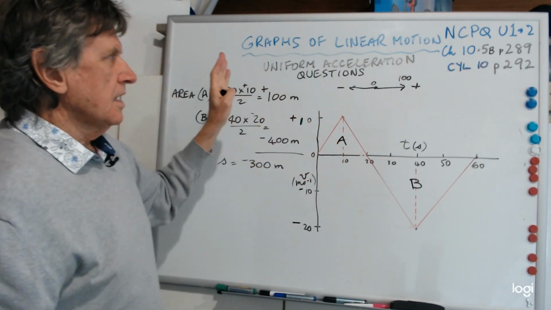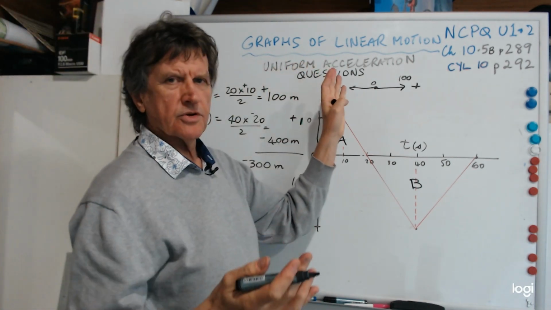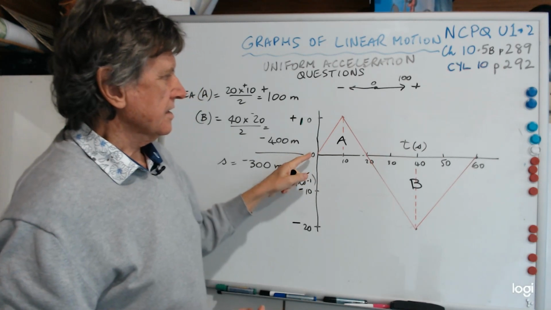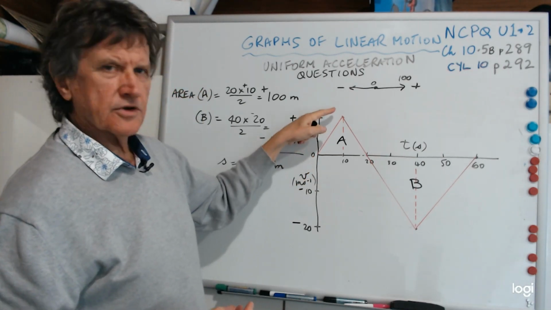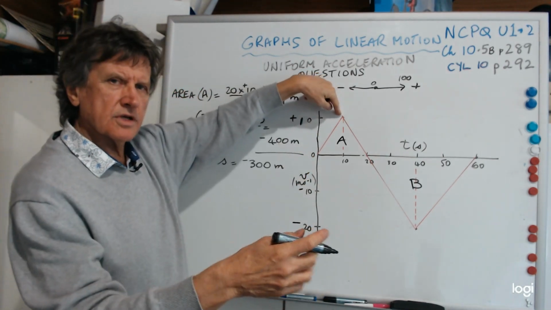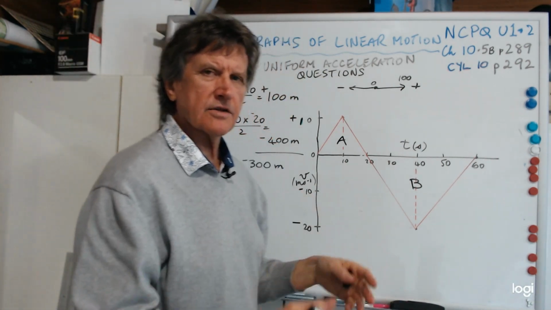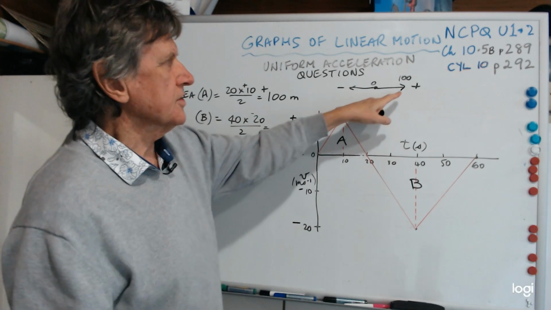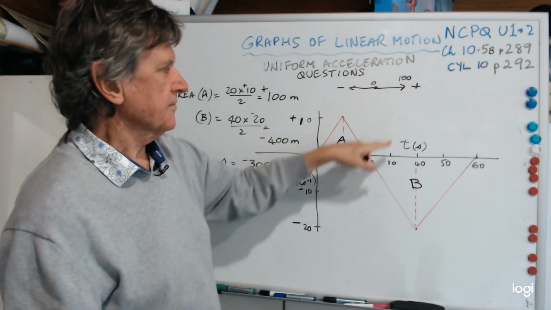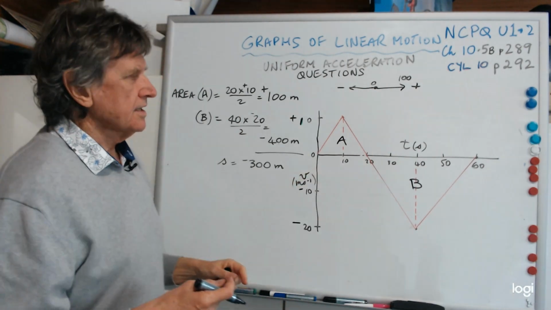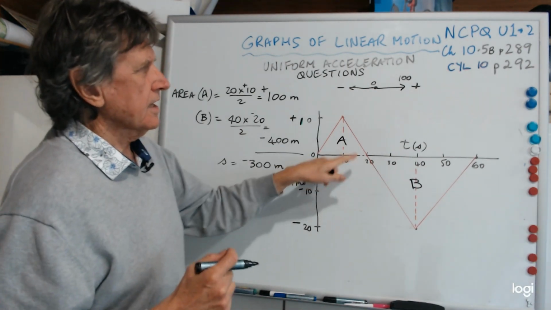So let's say it's a person running. They ran for 100 metres. They sped up for the first part until they reached a maximum velocity. So they're running fast, they reach a maximum velocity, and they get a bit puffed and they slow down. And by the time they get to the 100 metre mark, they're back to 0, so they've come to rest. So it's a person running 100 metres.